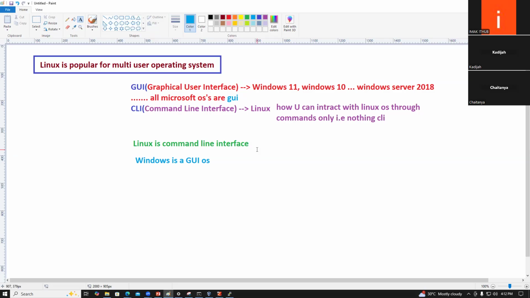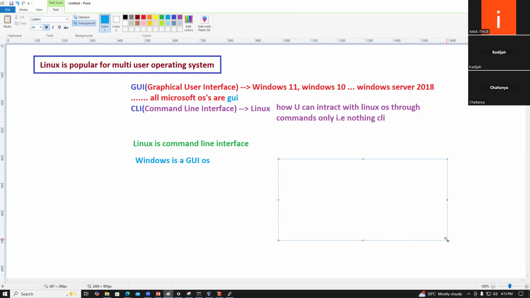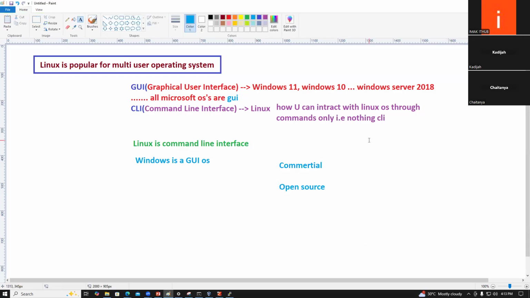Windows is from Microsoft, but who developed Linux? Do you know the meaning of commercial? What is the difference between commercial and open source?